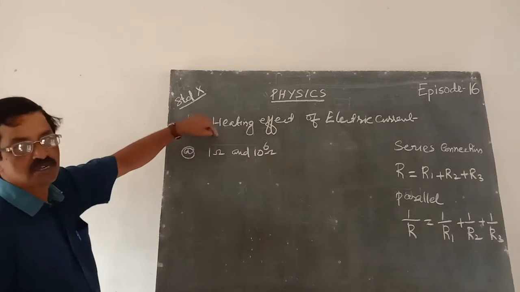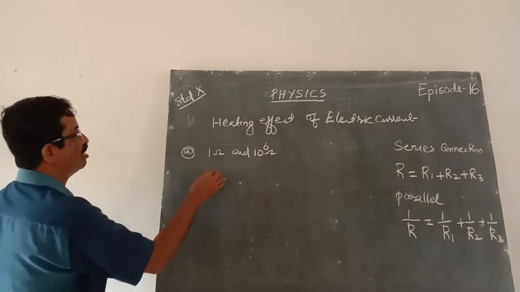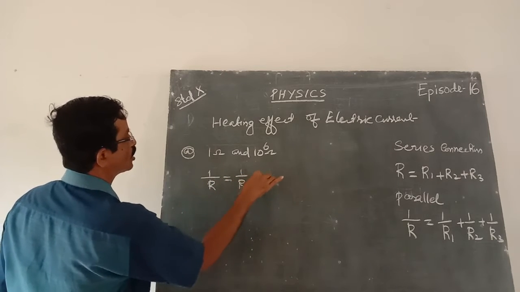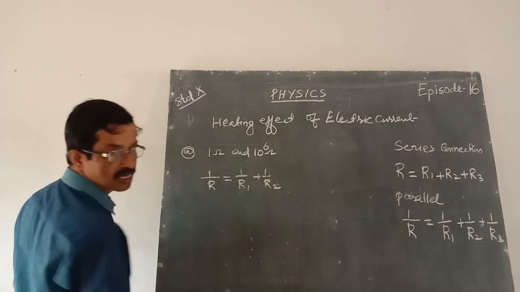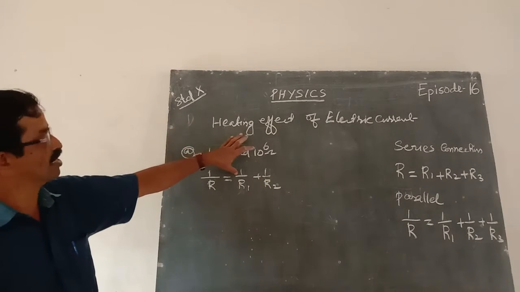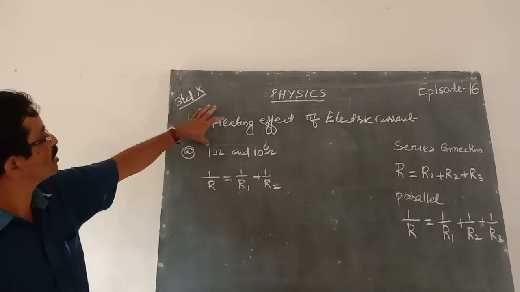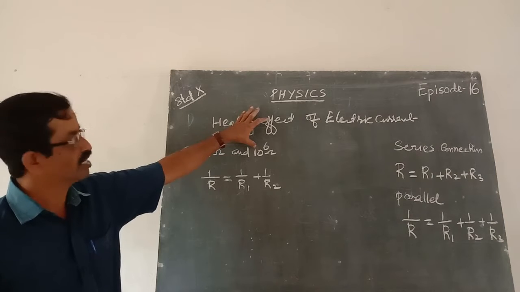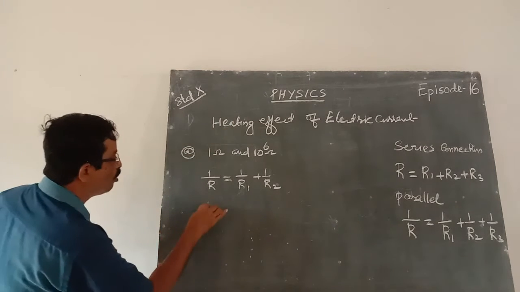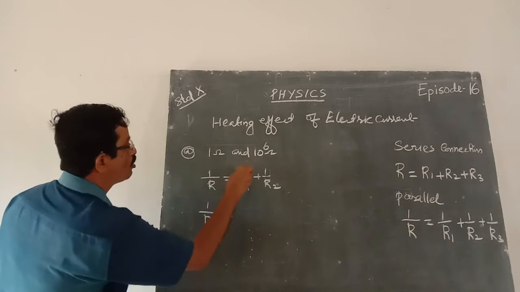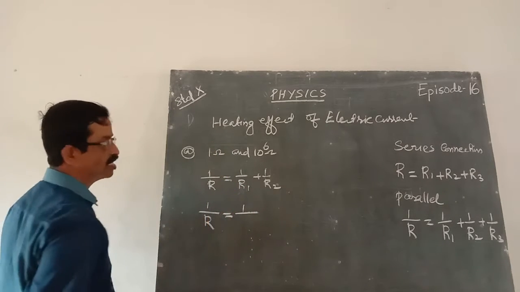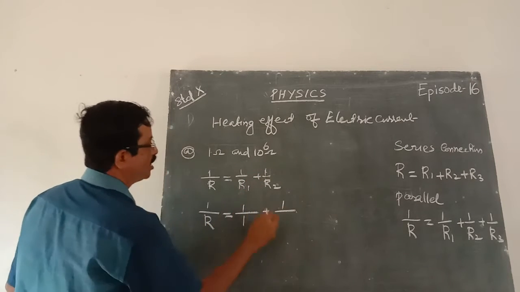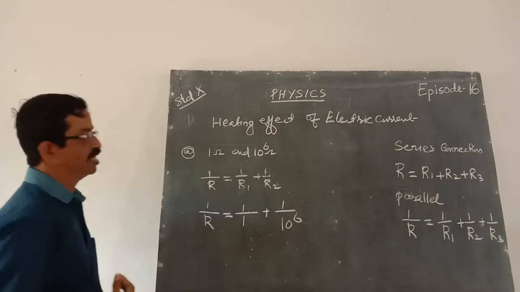See, we know when the resistors are connected in parallel, 1 by R is equal to 1 by R1 plus 1 by R2. Here R1 we can take as the first resistance, 1 ohm, and R2 the second resistance, 10 raised to 6 ohm. So 1 by R is equal to 1 by 1 plus 1 by 10 raised to 6.